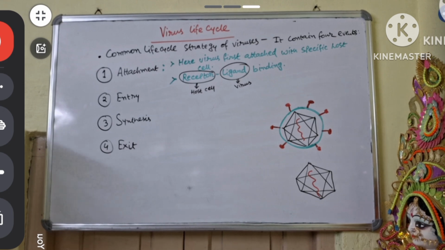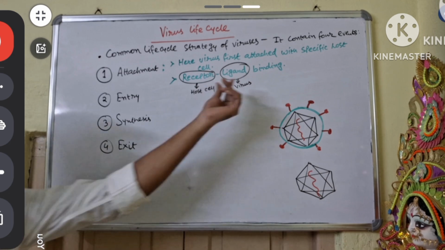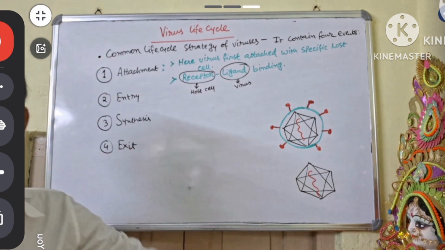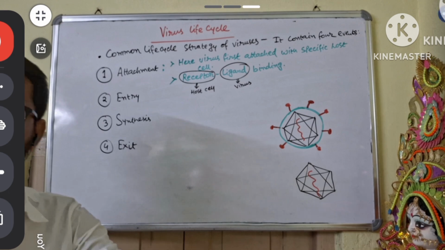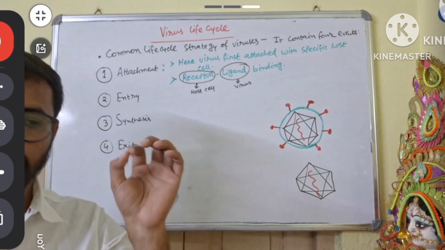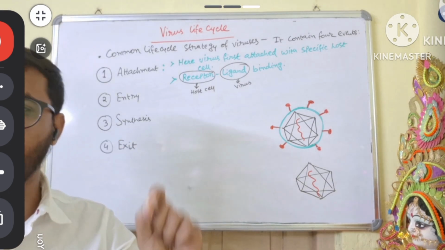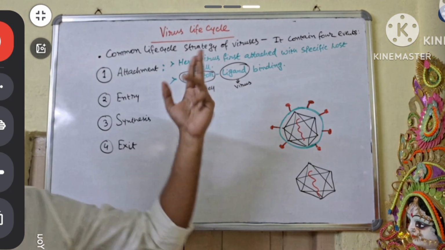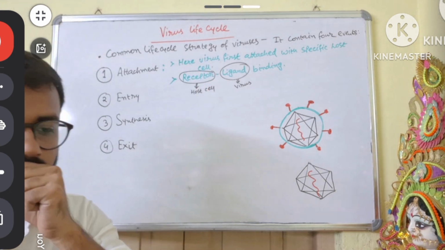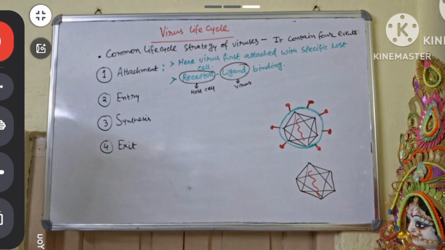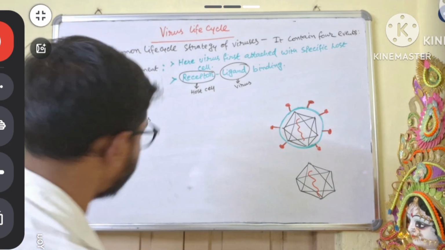The host cell provides the receptor and the virus contains the ligand. This receptor-ligand binding means the virus specifically binds with the host cell. There are numerous host cells, but how does it choose the particular host cell? By receptor-ligand binding. Clear? Next step, entry.